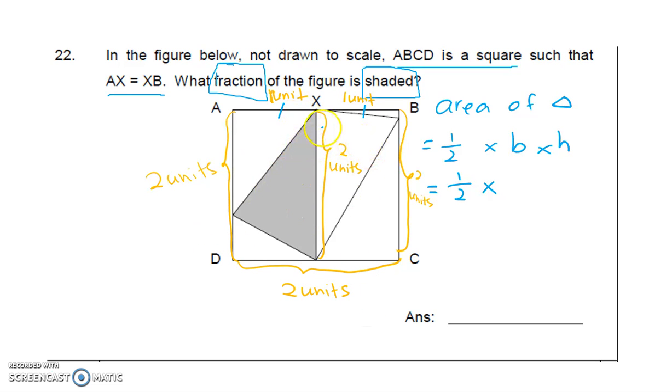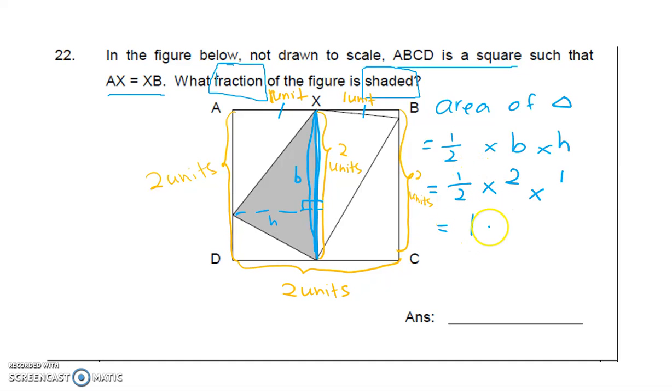If this is my triangle, I can see that this is actually my base. Do you agree with me? And if this is my base, and it's 2 units, so I'm going to put 2 here. And where's my height? Height is whatever that is perpendicular, right? Okay, so this would be my height. And what is height? 1 unit. Correct?